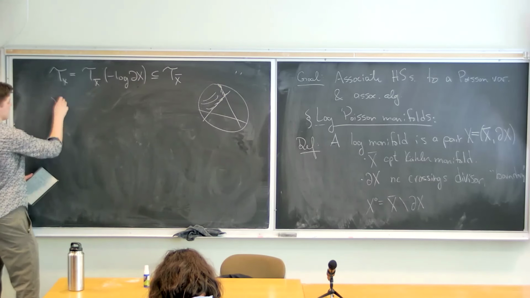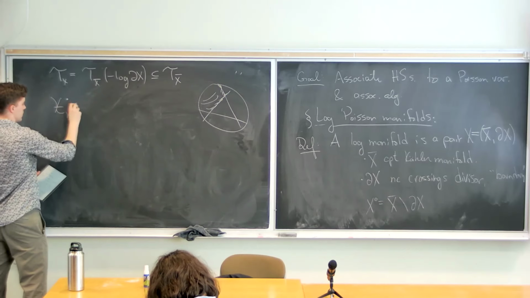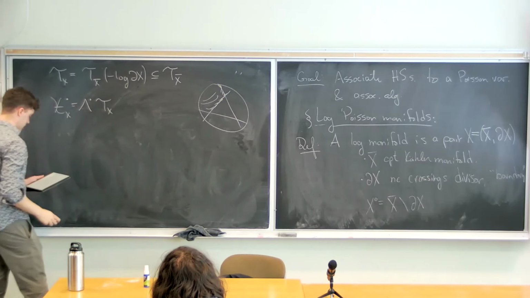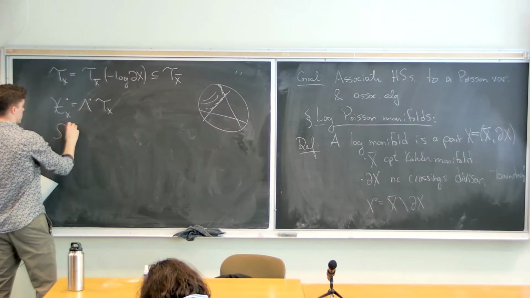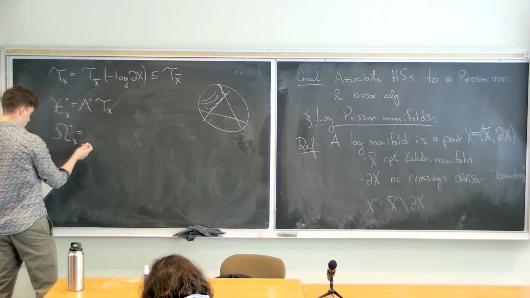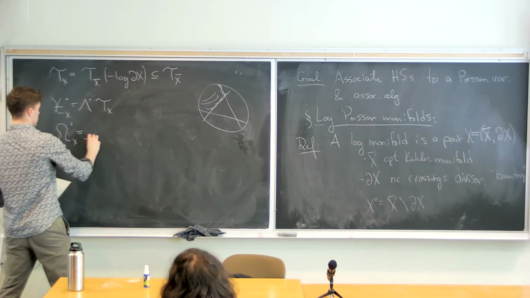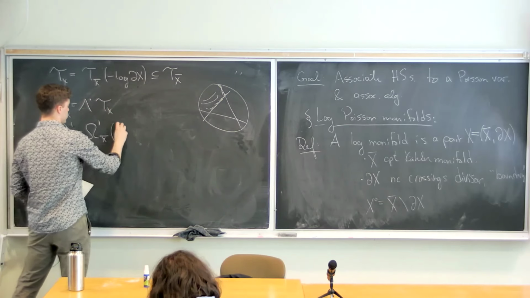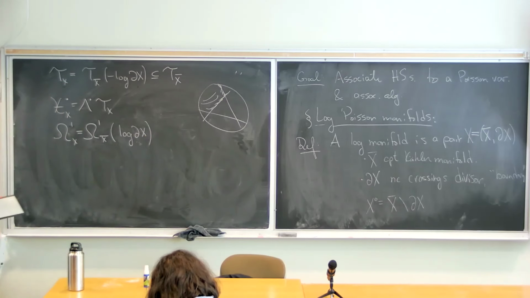Okay. So from this, I can produce the logarithmic polyvector fields, which is just the exterior power of this, and the logarithmic forms. Well, the logarithmic one forms are going to be the holomorphic one forms on the boundary which can have order one poles along the boundary.